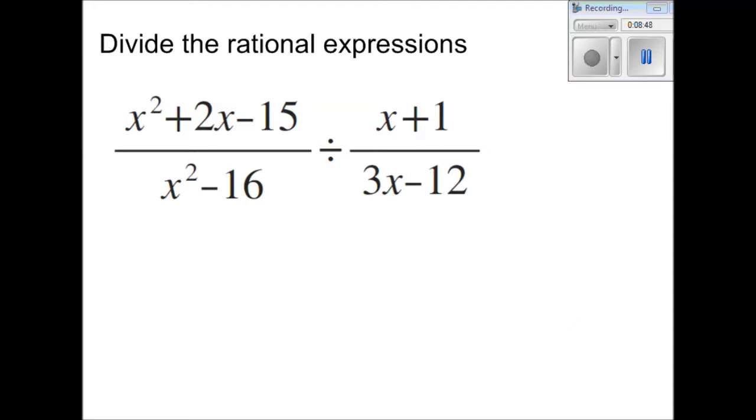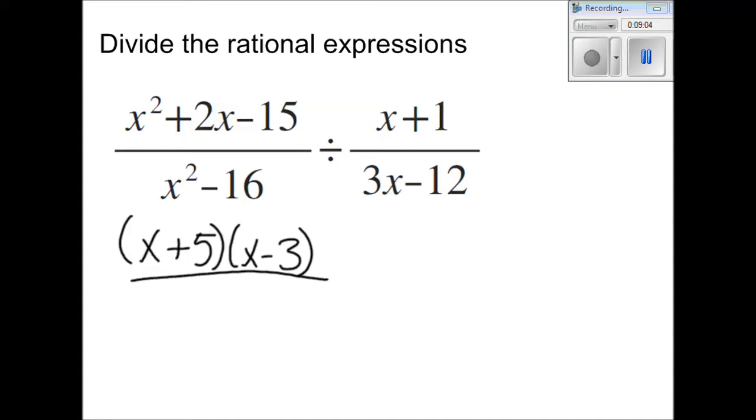So first off, let's look at that first trinomial up there. I think that's going to factor out into an x plus 5 and x minus 3. On the bottom, I have an x squared minus 16. That's a difference of squares again.